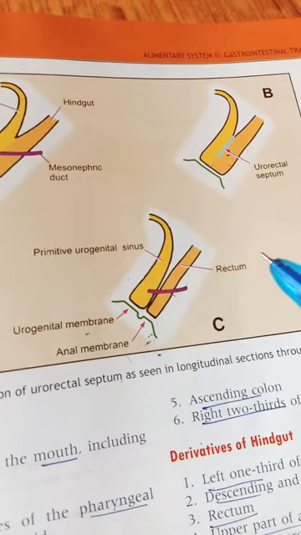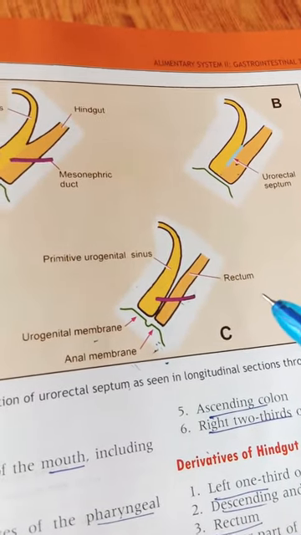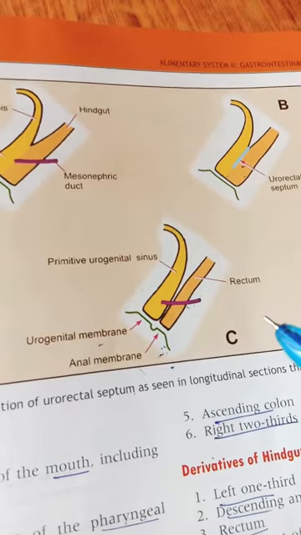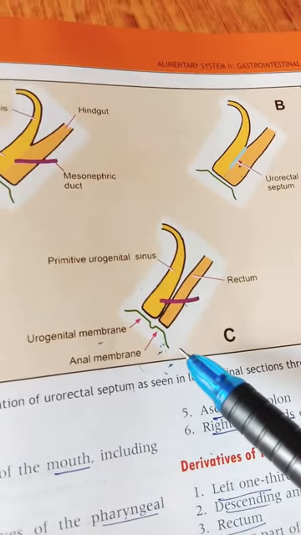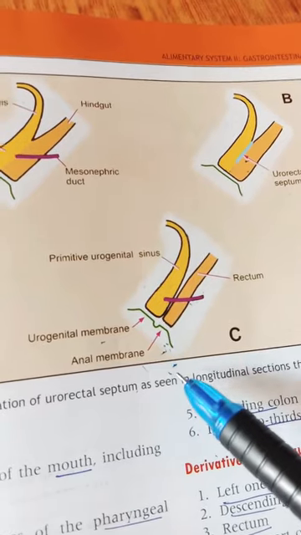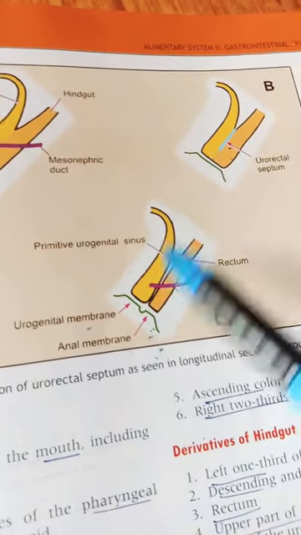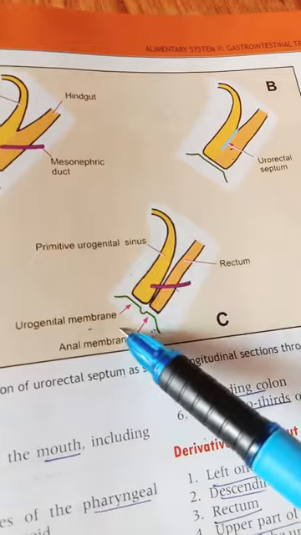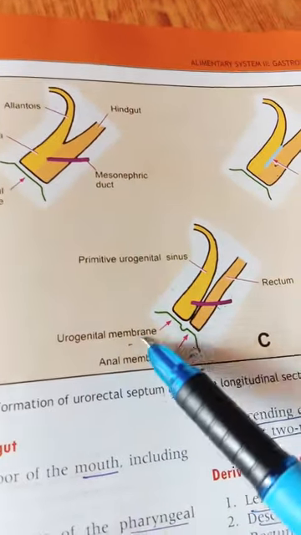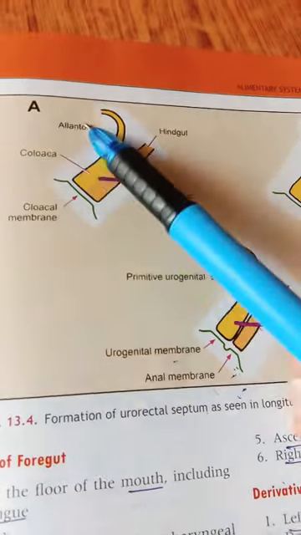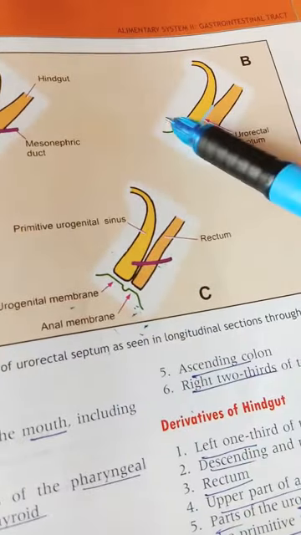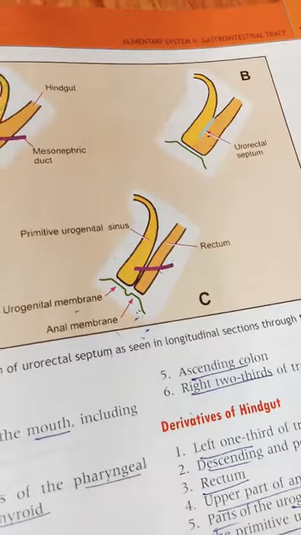The mesoderm around it is also heaped up, and now the anal membrane lies in the bottom of the pit, and this is also called the anal pit, or proctodeum, which mainly forms the anal canal. So this is how our urorectal septum divides our cloacal membrane into urogenital membrane and anal membrane. And remember that the urorectal septum first lies between allantois and cloaca. Later it is present in between the distal and dorsal part of our cloaca.